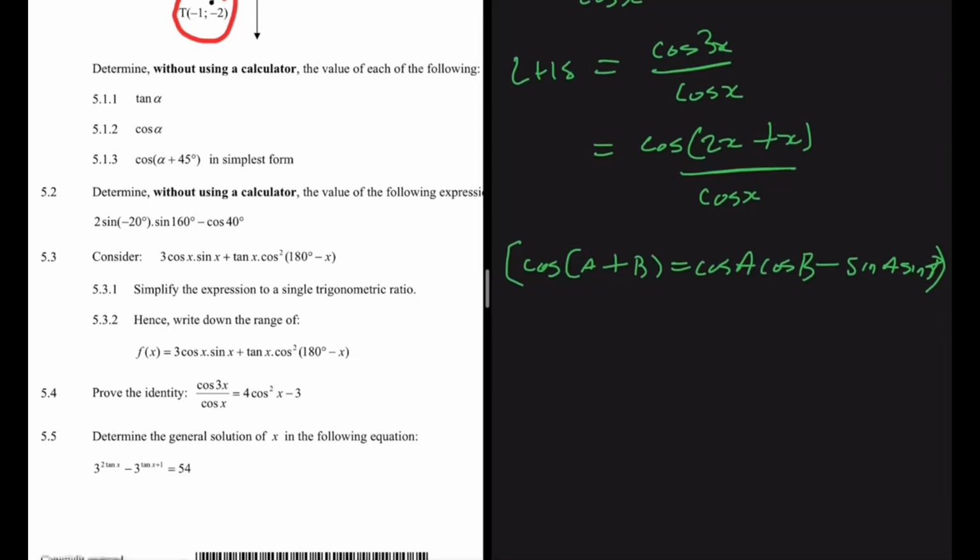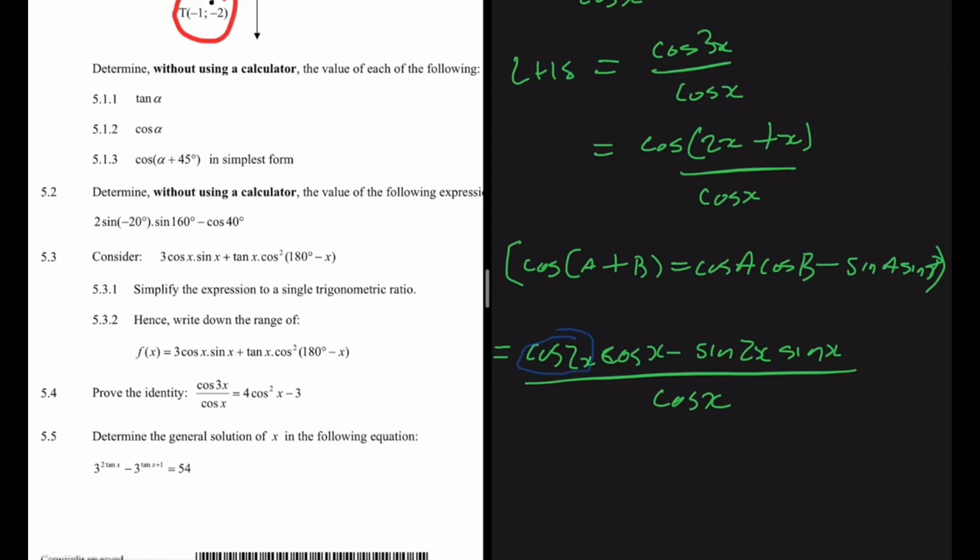And then now we have that being equals to cos of 2x cos of x minus sine of 2x sine of x, and then we divide everything by cos of x. But we know fully well that there's something special about cos of 2x, right?